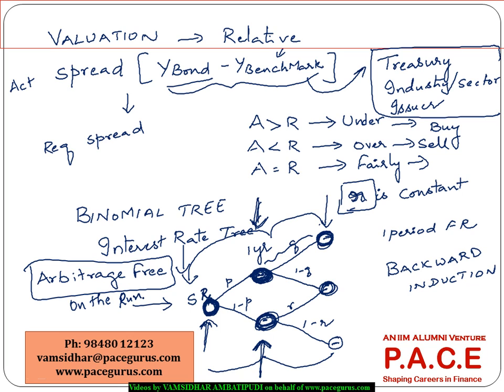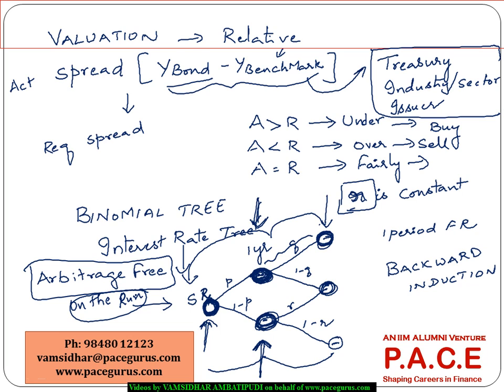What does that mean? If I take all the on the run treasury securities and find their values using this binomial tree model, using the interest rates at each of the nodes of the binomial tree, they should be equal to the current market price.